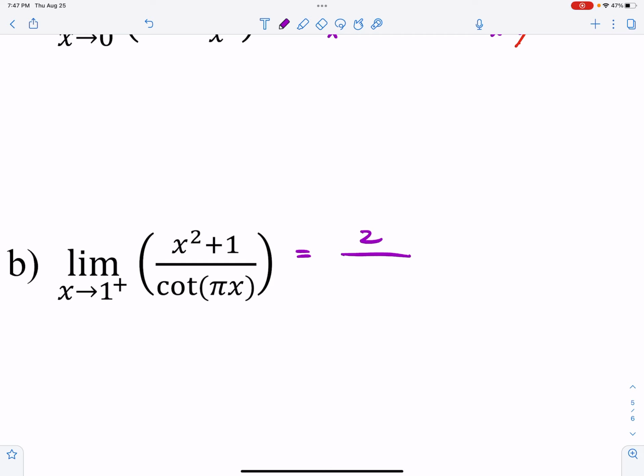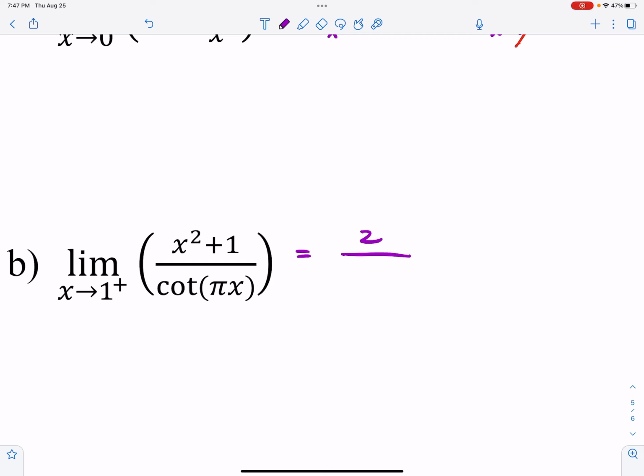Well, if we plug in 1 for x, so if you use direct substitution, cotangent of pi is the location of a vertical asymptote.